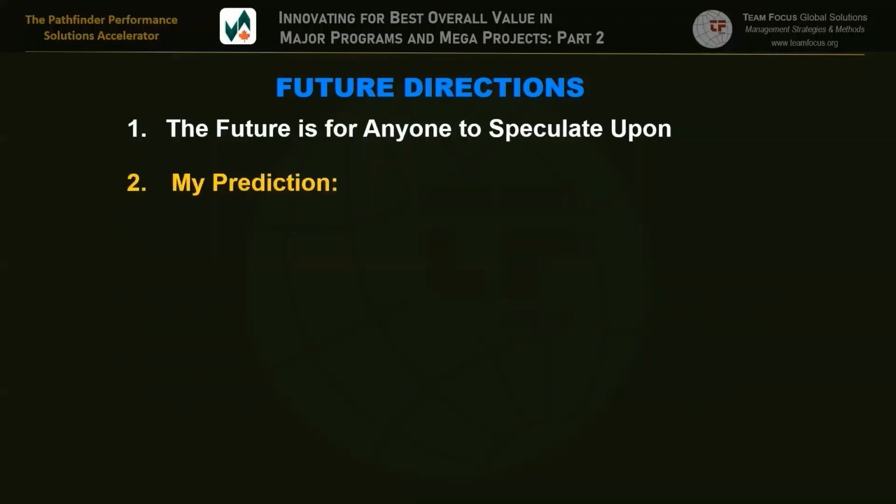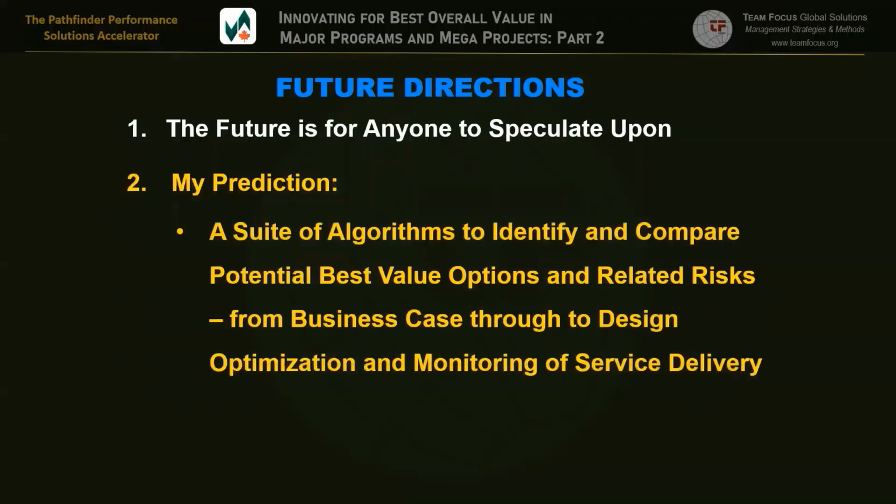My own prediction, and laugh if you want, is that soon there will be a suite of algorithms utilizing artificial intelligence and supporting tools to identify and compare potential best value and related risk options from business case through to design optimization and monitoring of service delivery.